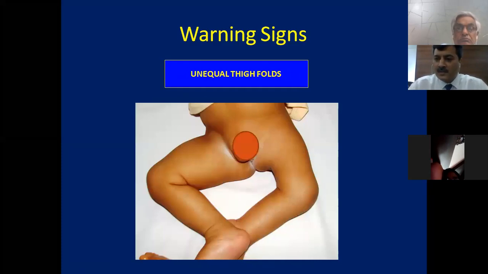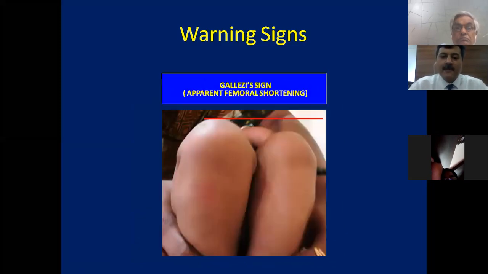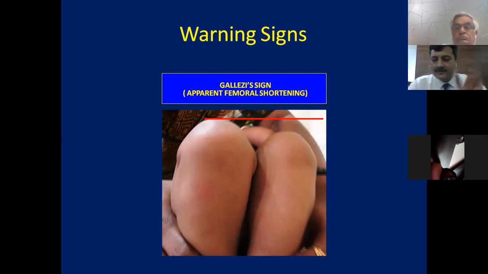When you see unequal thigh folds, or an apparently shortened extremity, or an apparently short femoral segment, that is known as Galeazzi's sign. So these three signs are termed warning signs: limited abductor spread on one side, unequal thigh folds, and apparent short thigh segment. The first, positive examination, was the click.